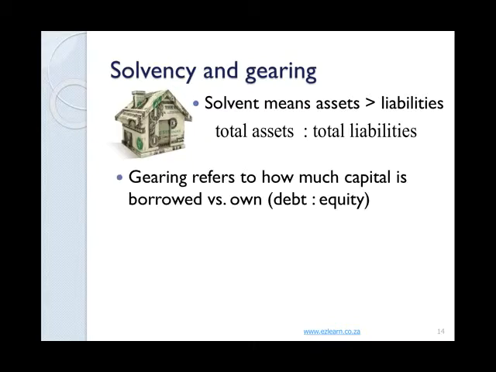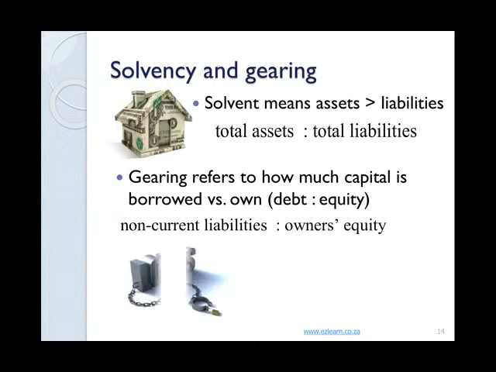This leads to gearing. Gearing refers to how much capital is borrowed compared to how much was invested by the owners. And this can be calculated as a debt-equity ratio. To do this, we will look at how much non-current liabilities we have on our statement of financial position and compare it to the owner's equity figure.